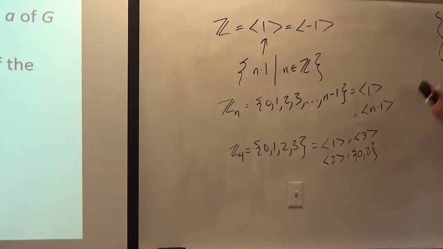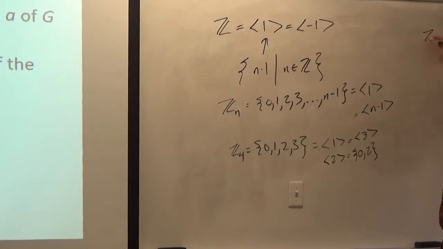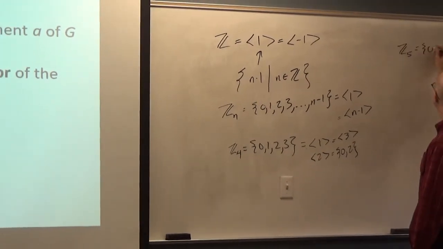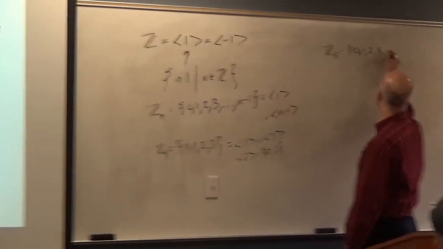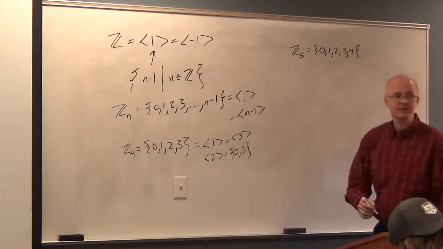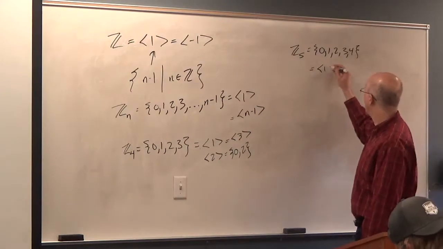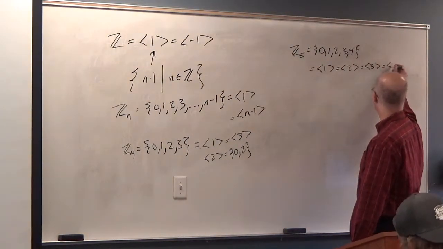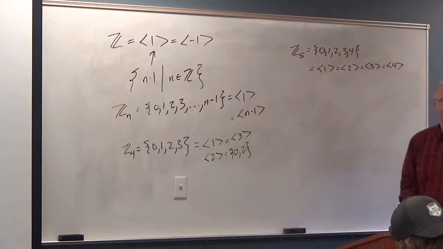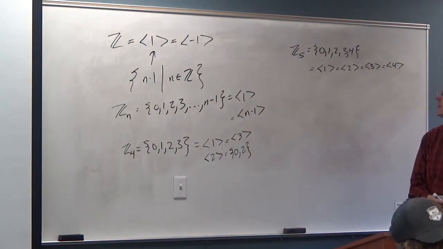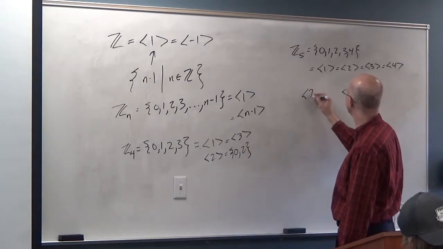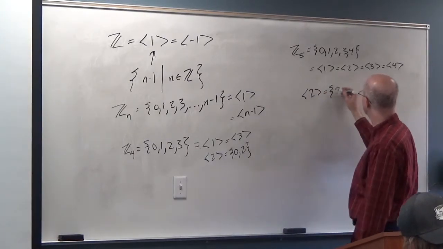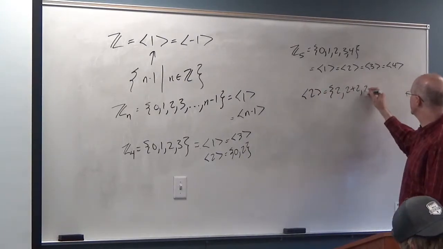But in Z5, contrast this here, in Z5 it turns out that every non-zero element is a generator. 1, 2, 3, and 4 are all generators in Z5. For example, thinking about the cyclic subgroup generated by 2, and just imagining doing the repeated addition.